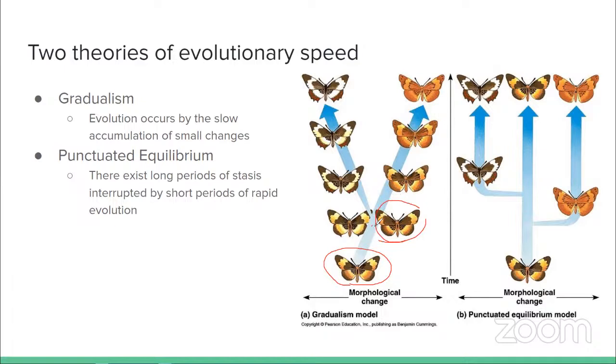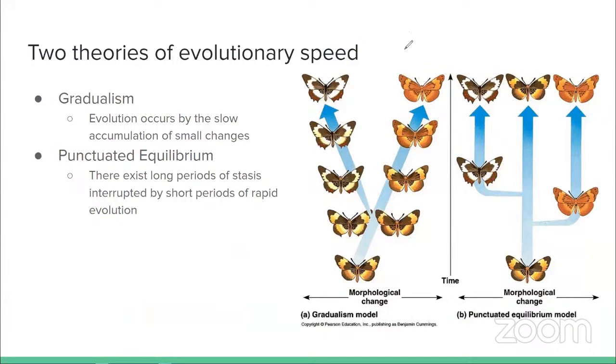You can see here at the split, we have very similar organisms, and then we have this continued sequence, this anagenesis, as we continue down the line. So gradualism theory is that evolution occurs with slow accumulation of small changes. This is really what Darwin proposed in The Origin of Species.